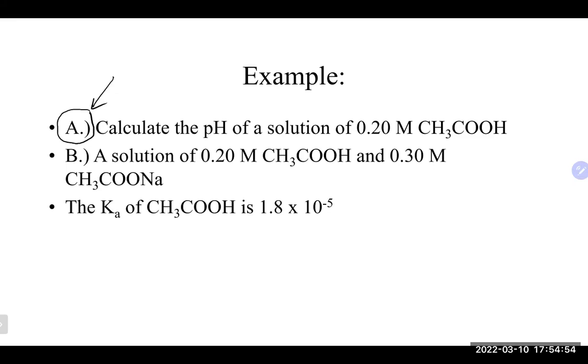Okay, let's take a look and see how you're doing. So we're just going to start with part A here, which is what is the pH of a 0.2 molar acetic acid solution. I have a Ka value for acetic acid. This is really just a weak acid problem like we did in the previous chapter. So that's where we should start here.